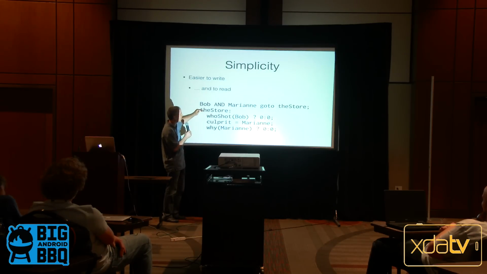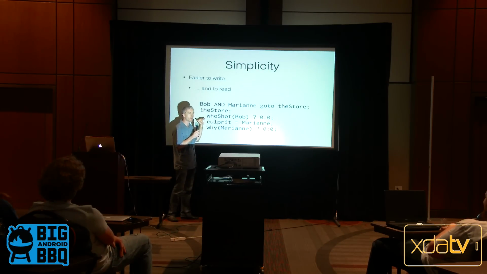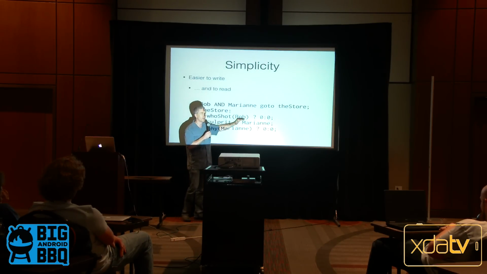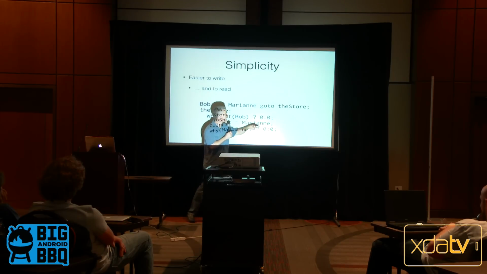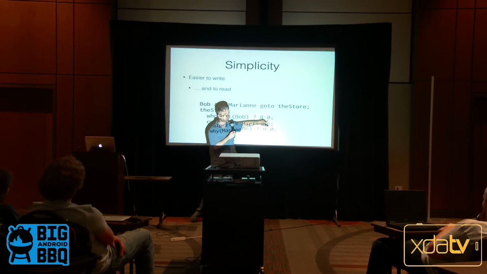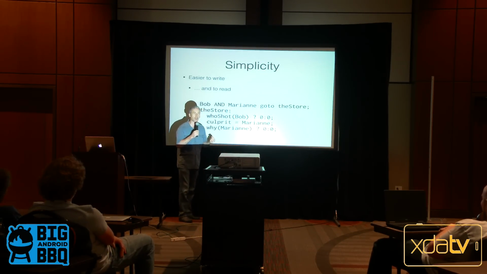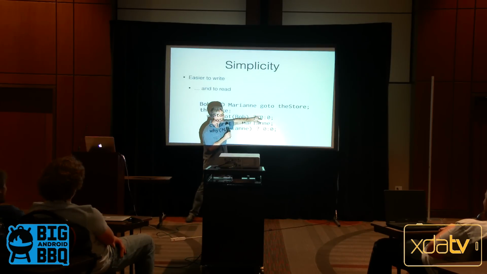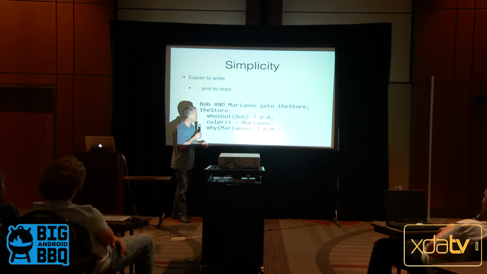So we're going to go to the store, and then we're going to ask the question. This is a Boolean operation. Who shot Bob? And we use this because all we really want to do here is ask the question, because it's an interesting question to ask. The answer actually doesn't matter, but I love the syntax of the 0:0. It kind of looks like a smiley with a really big forehead and a huge open mouth. I just think it's pretty in the code.